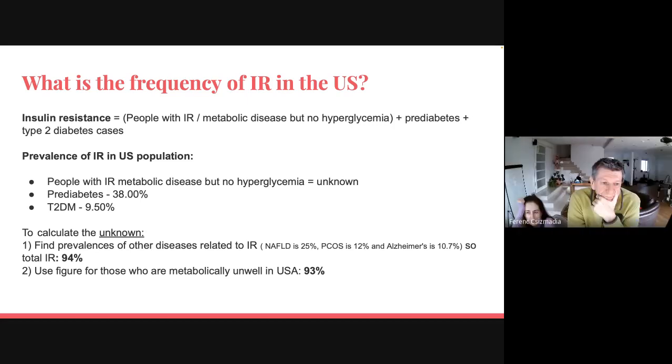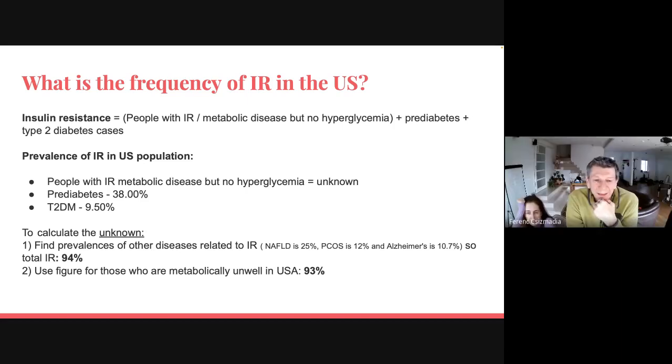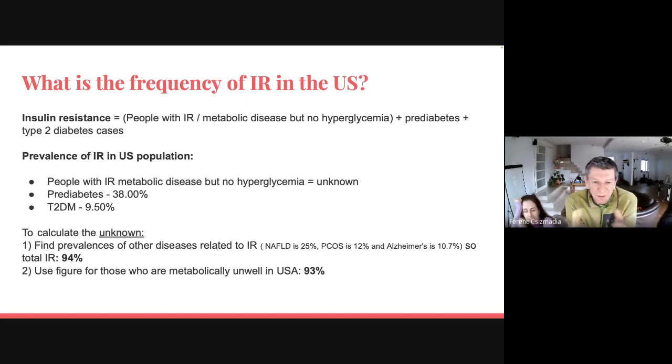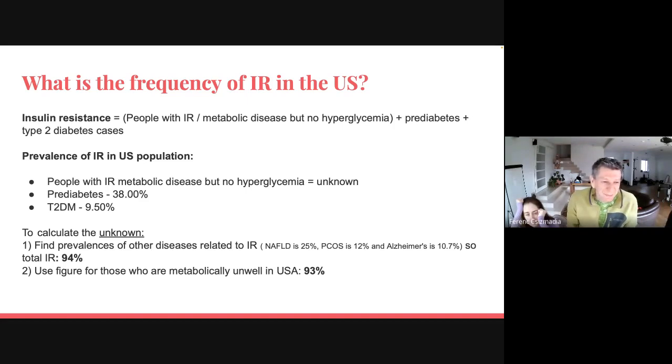I have very little to volunteer in ways that we could improve that number. As you mentioned in the doc, there may be an overlap between the different diseases. Actually, there is a huge overlap, especially type 2 diabetes.